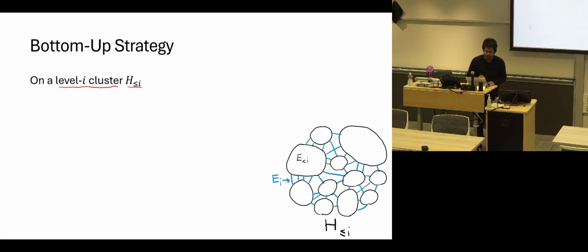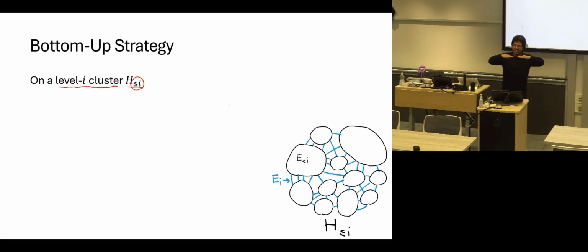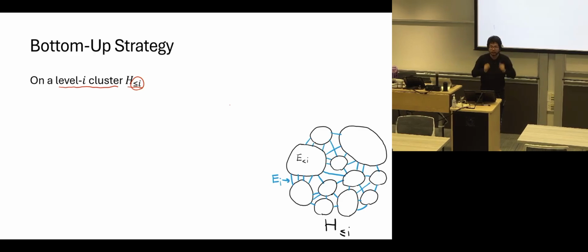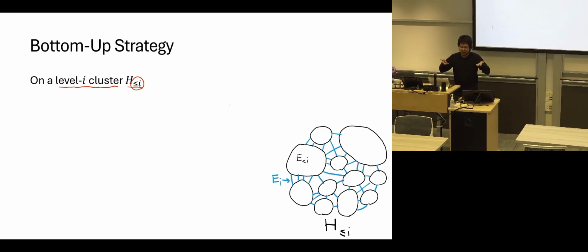I denote it by H at most i. Why do I use at most i? Because at level i, each cluster has edges from level 0 up to level i. The edges from levels above are not in this cluster.